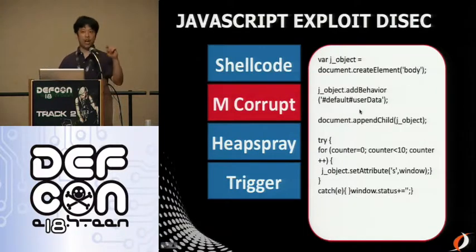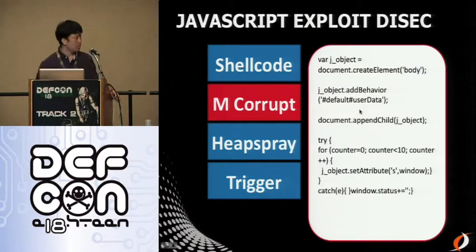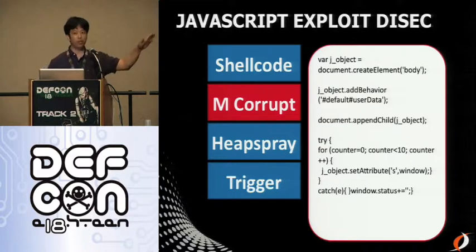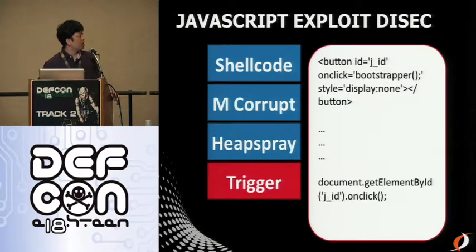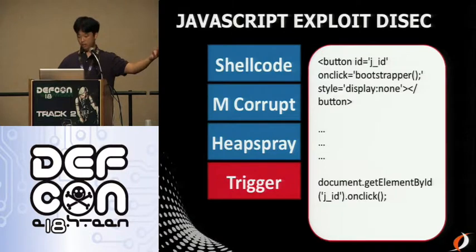We're using IE peers as our example here, and we're using the exploit that's provided by Metasploit for the IE peers vulnerability. And this is the heap spraying part. And finally, this is the trigger. This is the actual trigger that would execute the piece of malicious JavaScript.